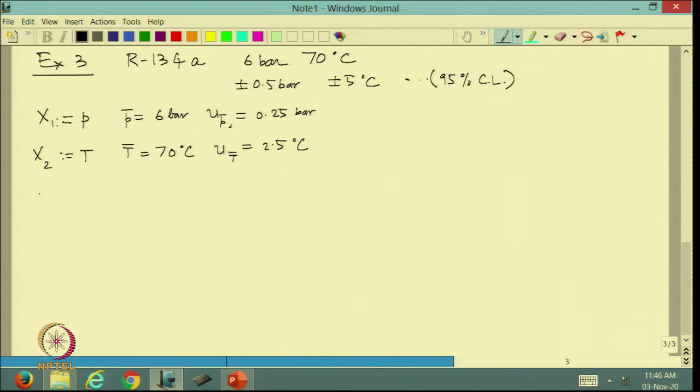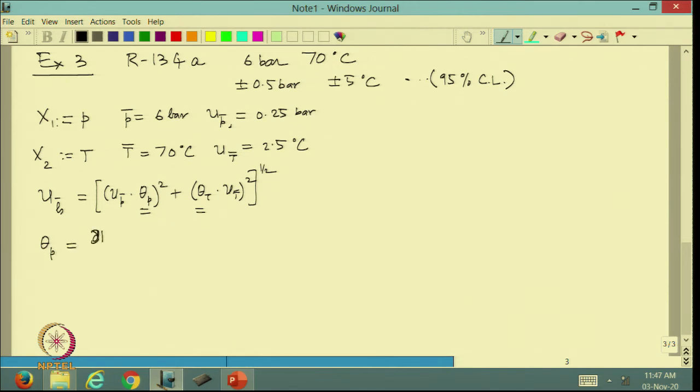And the relation that we were looking for is U_H bar equal to (theta_P times U_P bar) squared plus (theta_T times U_T bar) squared, all of this raised to the power half. So, we start calculating the individual terms. Let us take theta_P first.